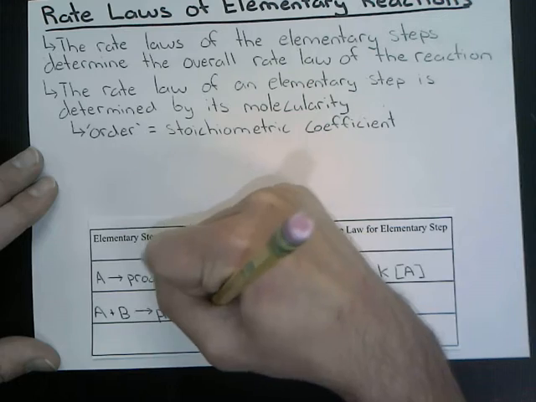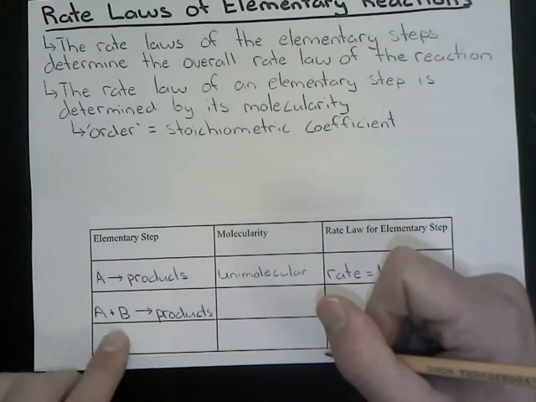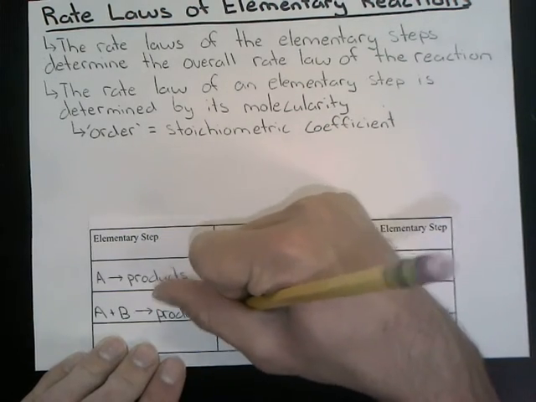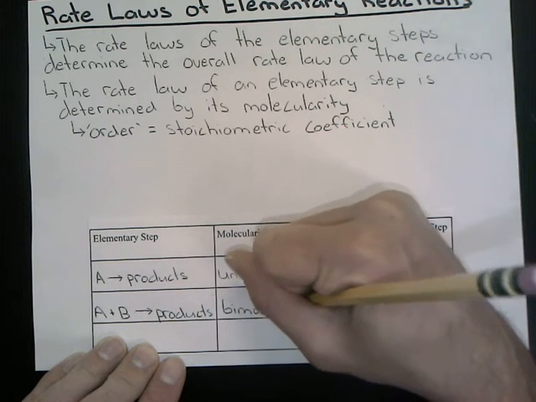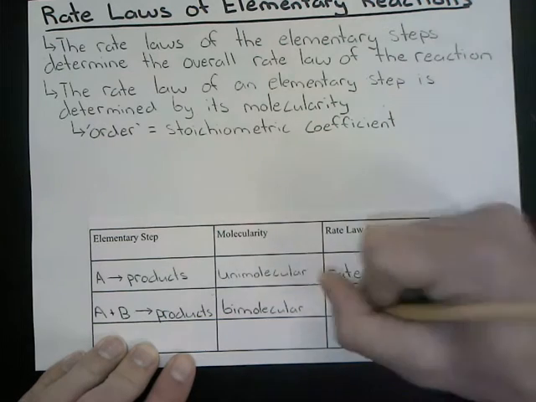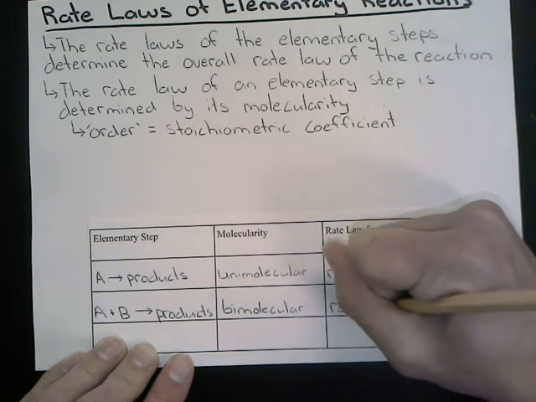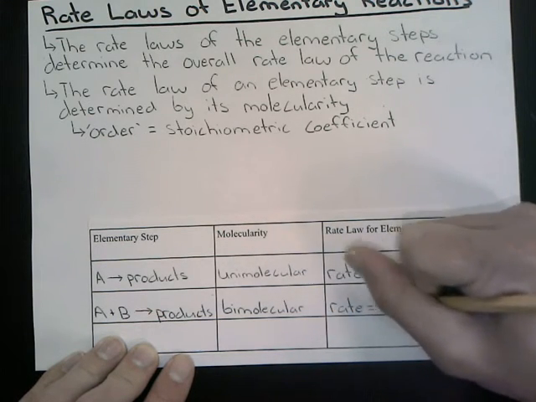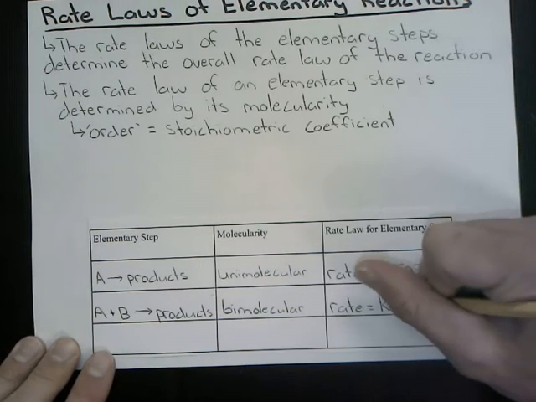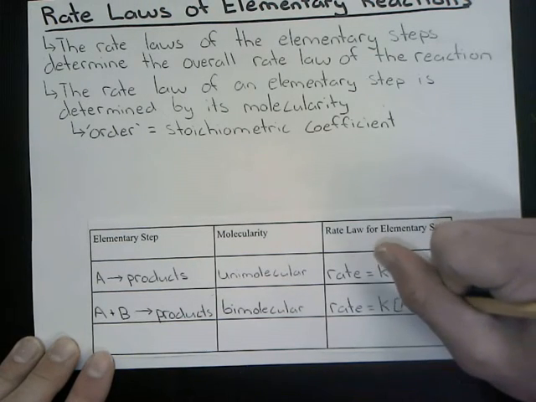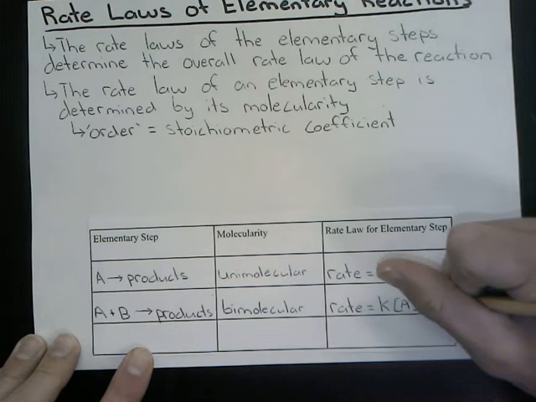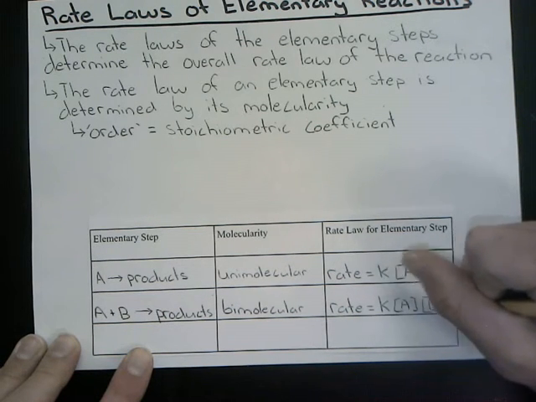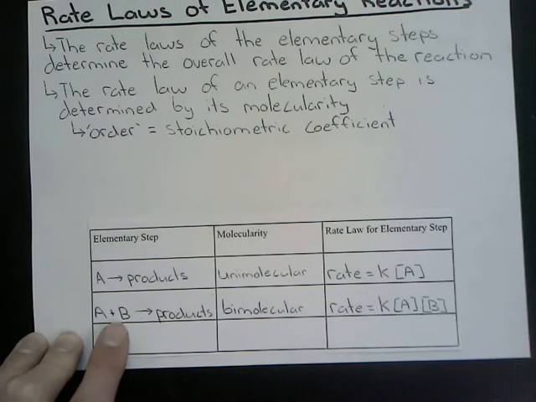Because we have two reactants, this would be a bimolecular elementary step, and it would get the rate law of rate equal to k times the concentration of A raised to the coefficient, which is 1, so we leave it as is, times the concentration of B raised to its coefficient, which is also 1.